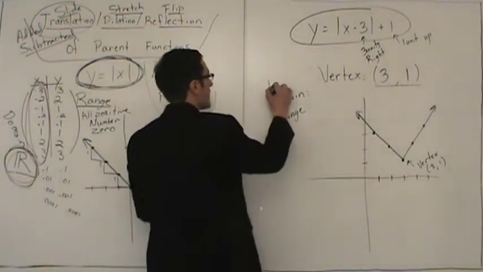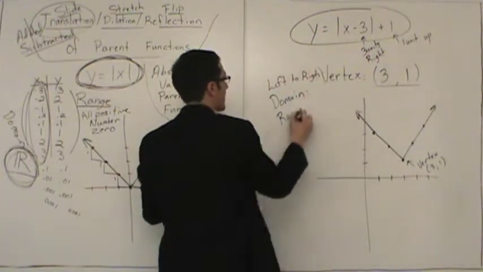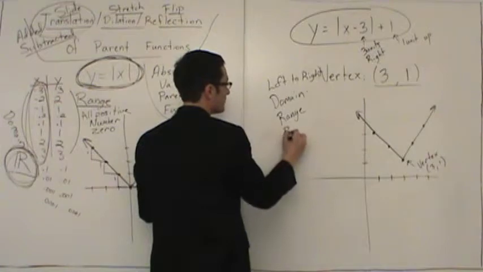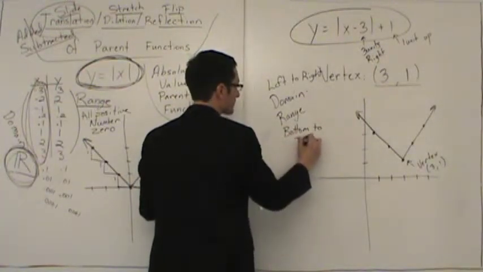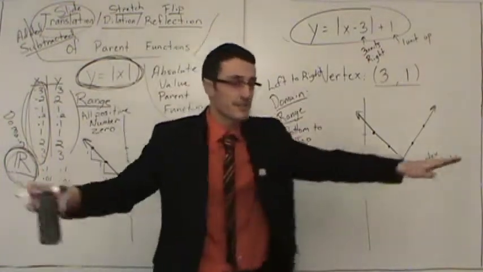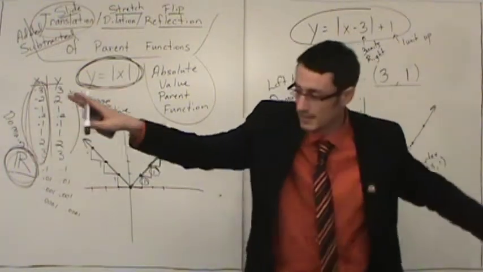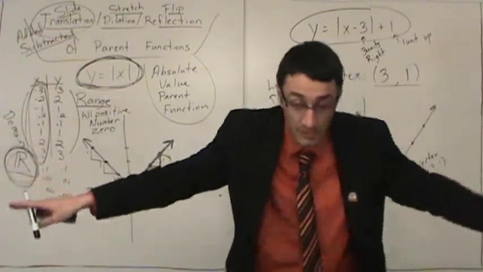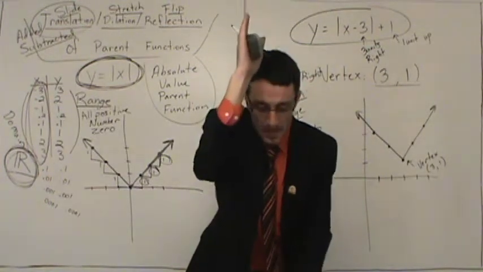Domain is left to right, and range is bottom to top. Okay, so domain, range, starting with domain, left to right. Domain is horizontal, and if we go to range, range is what? Vertical. Okay, vertical will be bottom to top.